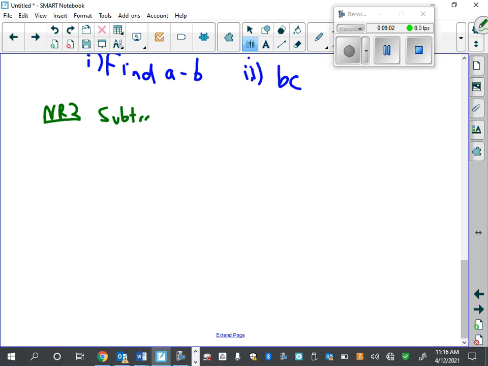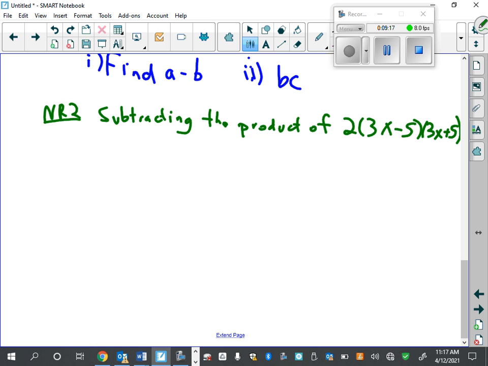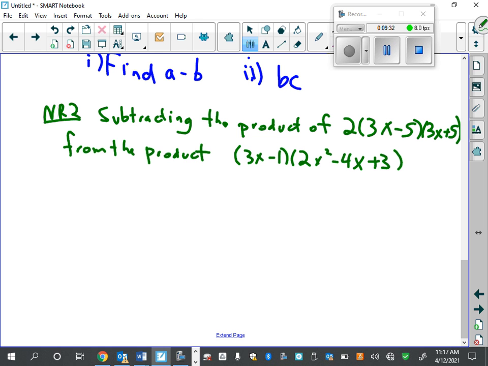Subtracting the product of 2 times 3x subtract 5 times 3x plus 5 from the product of 3x subtract 1 times 2x squared subtract 4x plus 3 results in ax cubed subtract bx squared plus cx plus d.